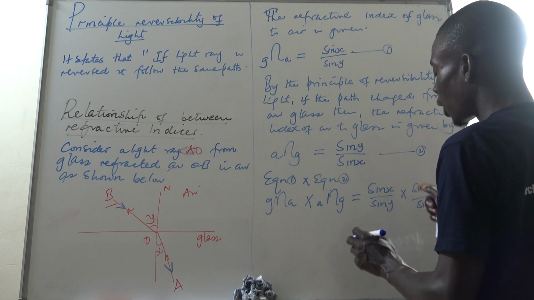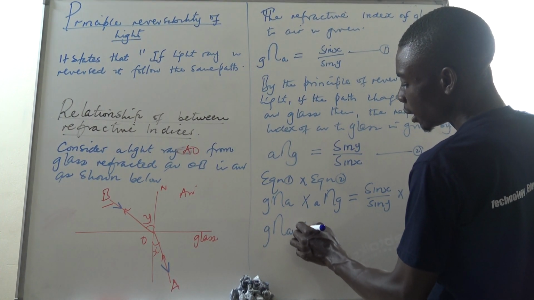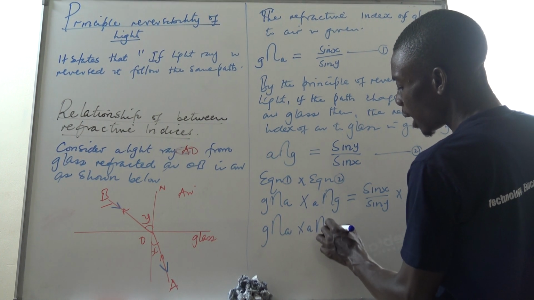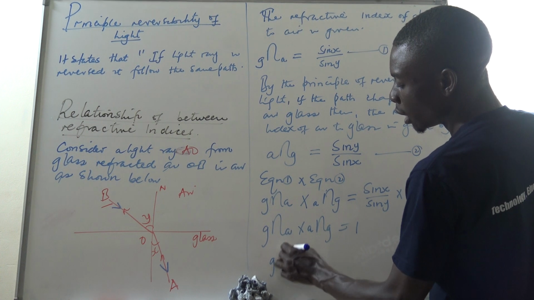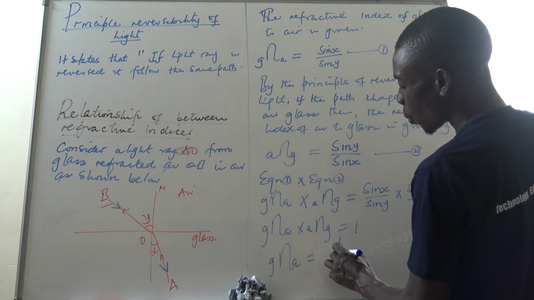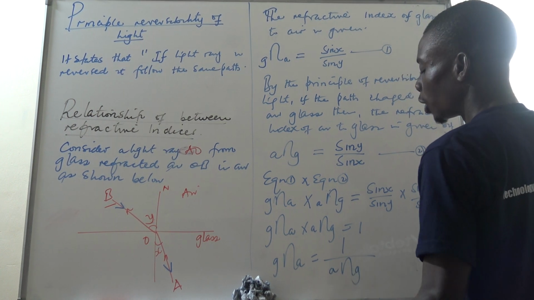You realize that this is going to be 1, and you'll say gna times ang equals 1. And then it is true that gna is equal to 1 out of ang. Okay?